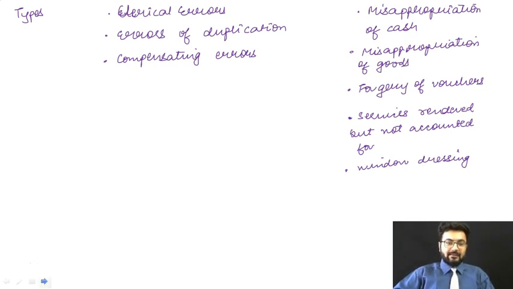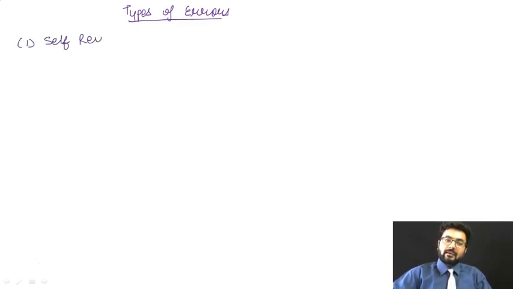Now, moving on to the next, there are so many types of errors. What are the different kinds of errors which you will find during auditing? Right? So, the very first kind of error is the self-revealing error.